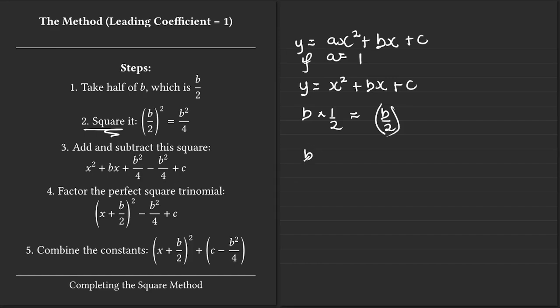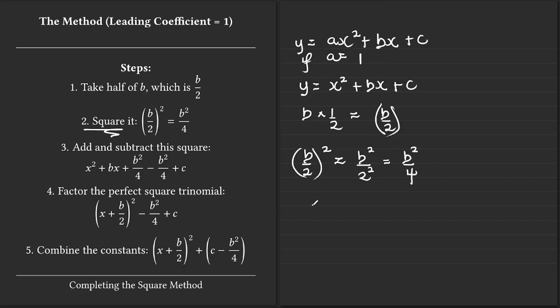If you are squaring b over 2, we know from our laws of indices that the square is going to affect both the numerator and the denominator. So we can rewrite this as b squared over 2 squared, which is the same as b squared over 4. Any of them is okay. Now, after squaring this, our original function, let's write it in 2 parts.